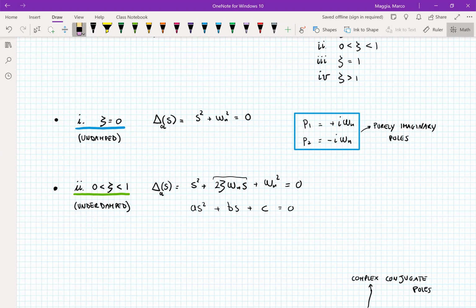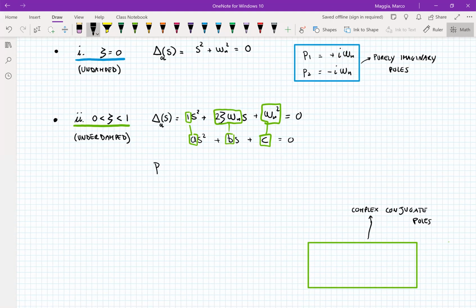So a is equal to 1, b is equal to 2 zeta omega n, and c is equal to omega n squared. All right, so the solutions P1 and P2 are equal to minus b over 2a plus or minus 1 over 2a square root of b squared minus 4ac.